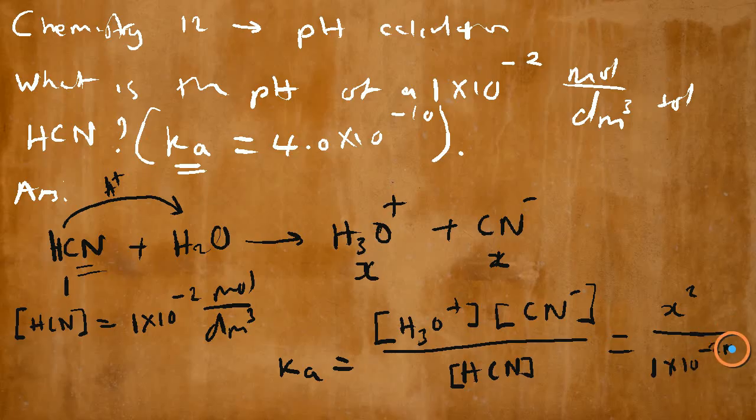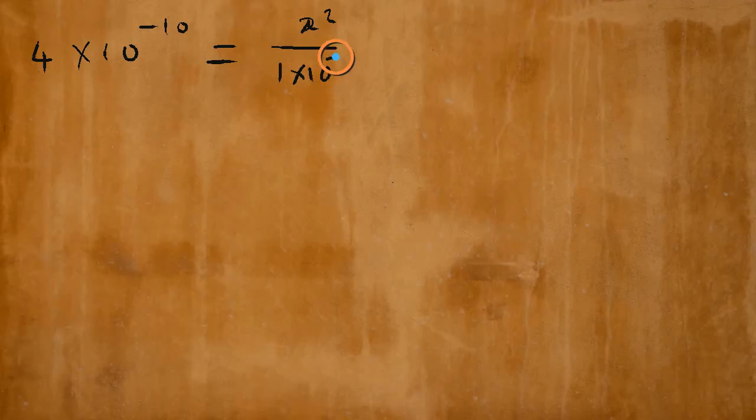We already know what the Ka value is, so we can have just simply 4 times 10 to the negative 10, which is our Ka value, and we have an x squared on this side of the equation, divided by 1 times 10 to the negative 2.